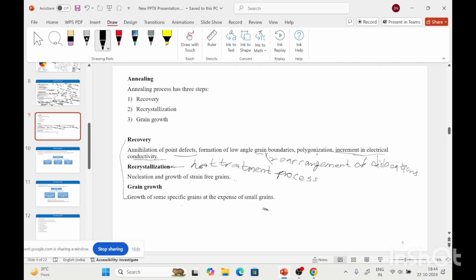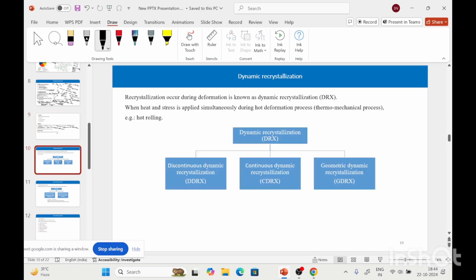So the recrystallization happening during the deformation is known as dynamic recrystallization. So the dynamic recrystallization occurs during deformation when heat and stress are both simultaneously applied. That process is known as the thermomechanical process. An example can be hot rolling, extrusion, or any deforming process at high temperature.